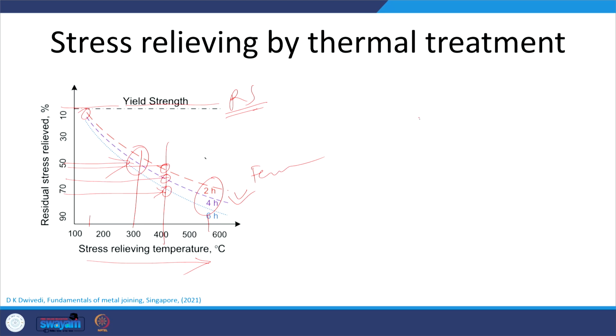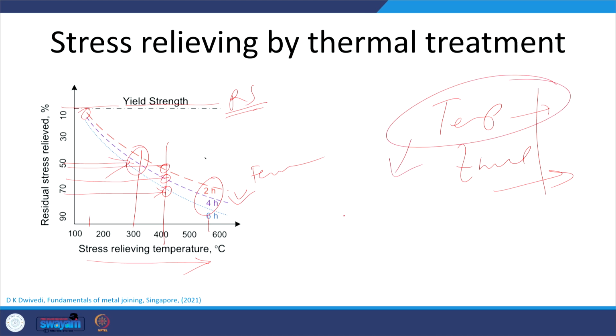So, here there are two things, one is the temperature and another is the time. The longer the time, the greater the stress relieving; the higher the temperature, the greater the stress relieving. But we have to see that because of the stress relieving there is no major microstructural change, otherwise that will affect the mechanical performance of the joint. Our target is primarily to relieve the residual stresses.